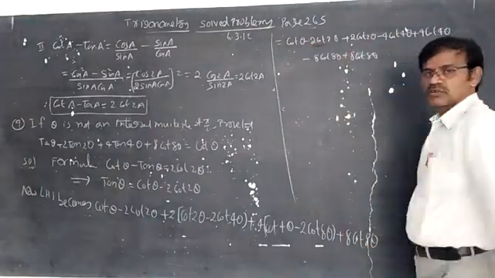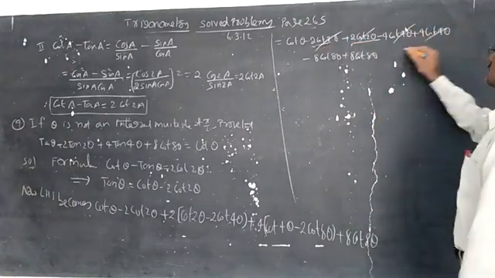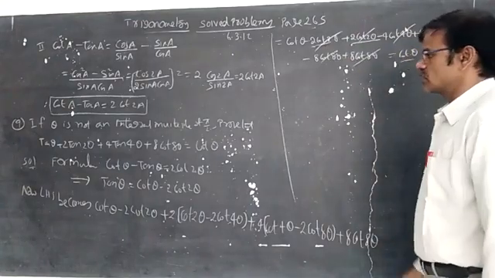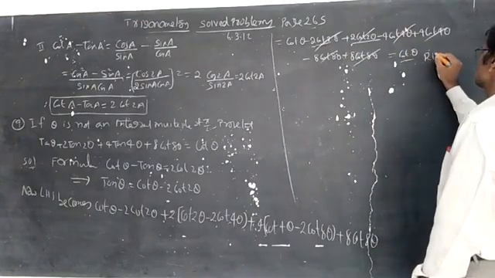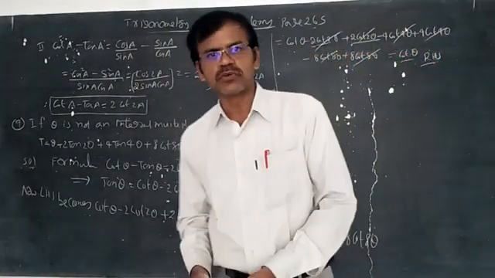Here minus 2 cot 2 theta and plus 2 cot 2 theta get cancelled, and the others get cancelled too. Only cot theta remains, which is equal to RHS. So LHS is equal to RHS, we have proved.